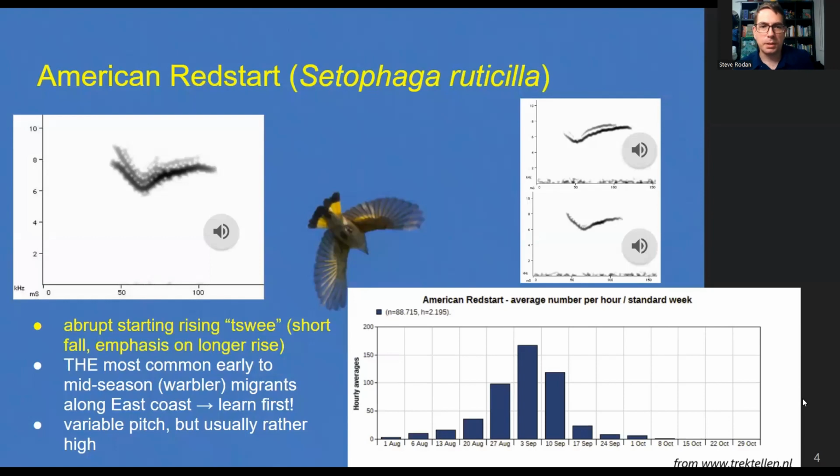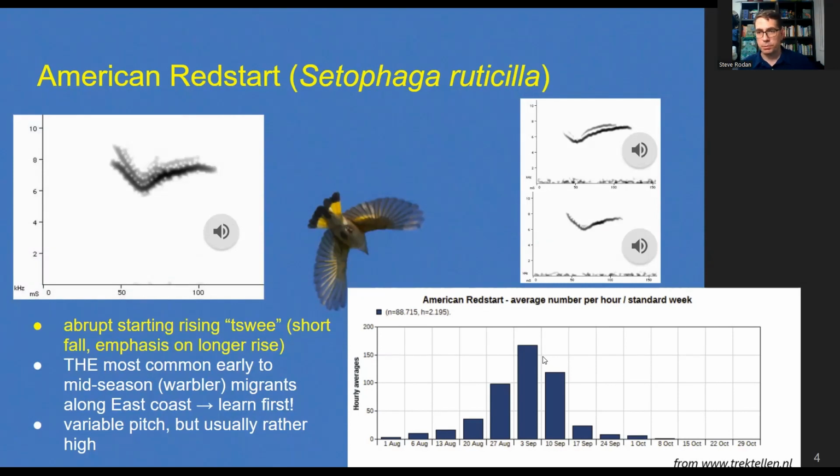Now, first species, there's a chart here from Trektellen. I think it's written there, trektellen.nl. That's where all the data from the morning flight in Cape May and other point counts around the world are collected. So you can actually look at data.